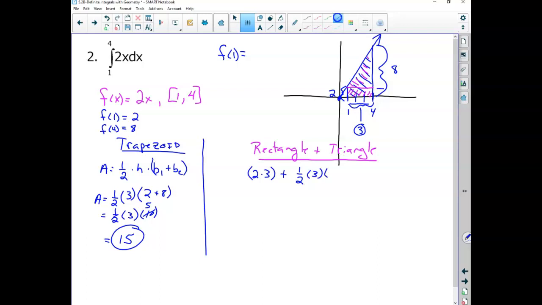If from there to there is 2, and all the way up is 8, it's got to be 6 in my triangle. I can put a 6 there. That's going to kick this down to a 3. 6 plus 9, 15. It really doesn't matter which way you do it. It's whichever geometric figures you see that you want to find the area of.